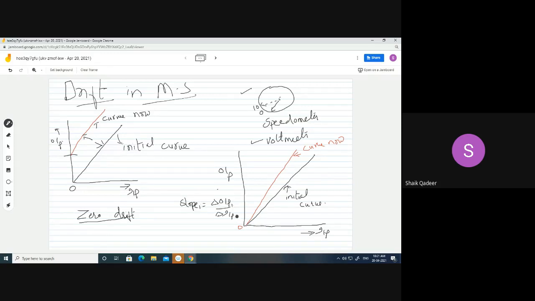So this is looking to be this much, and slope 2 will be delta output 2 divided by delta input 2. Suppose this is number 1 and this is number 2. And in this case, we can say that slope 1 is not equal to slope 2. Hope it is clear to everybody.